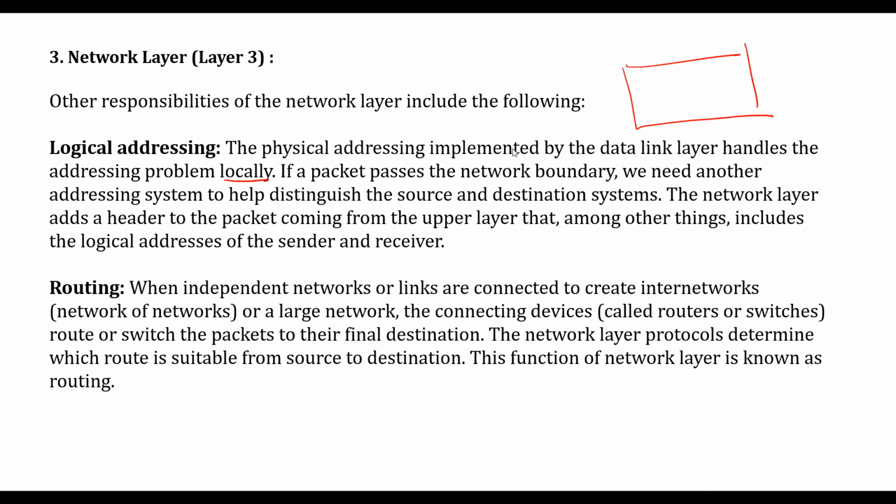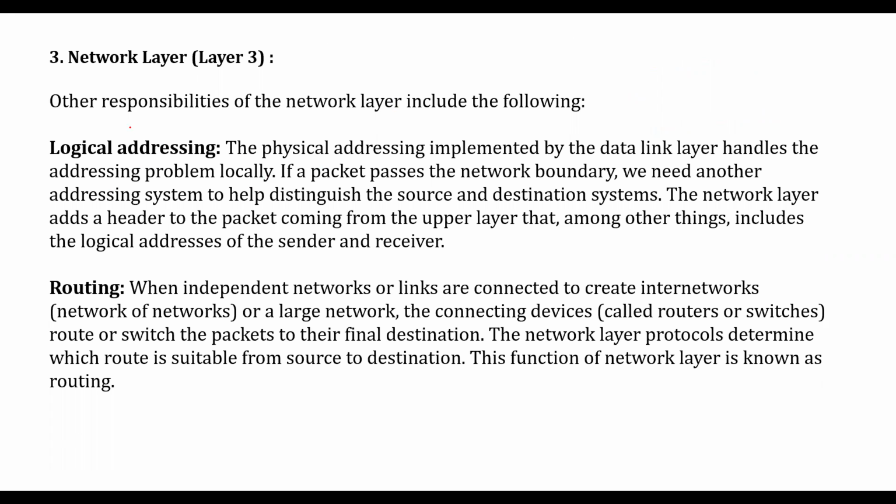We all belong to the same network, so we do not need any specific address. I am able to identify those things. But in case of logical addressing, when two persons or two systems are present in two different networks and they need to communicate, I need the logical addressing concept.